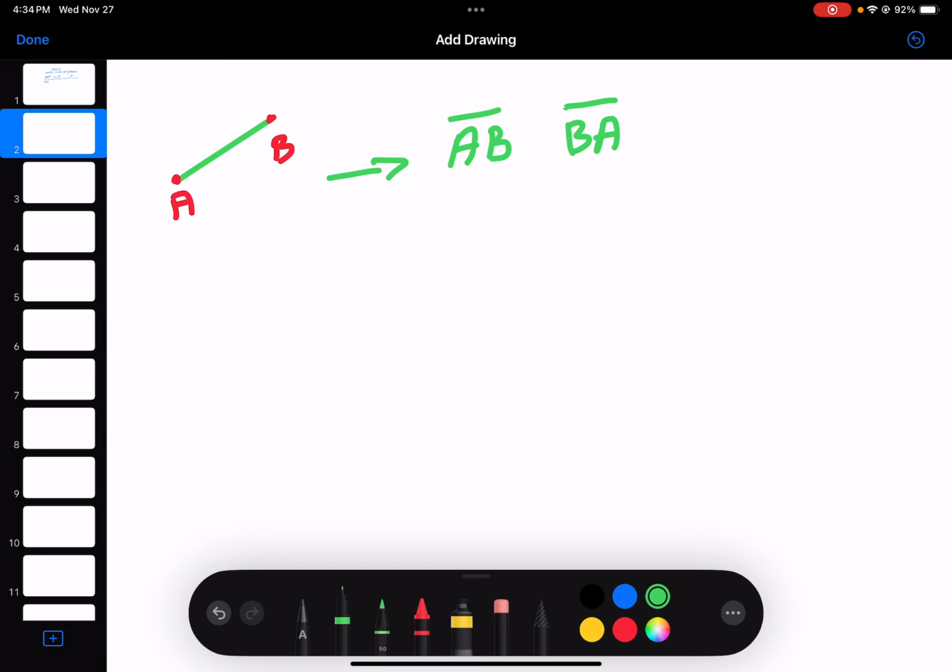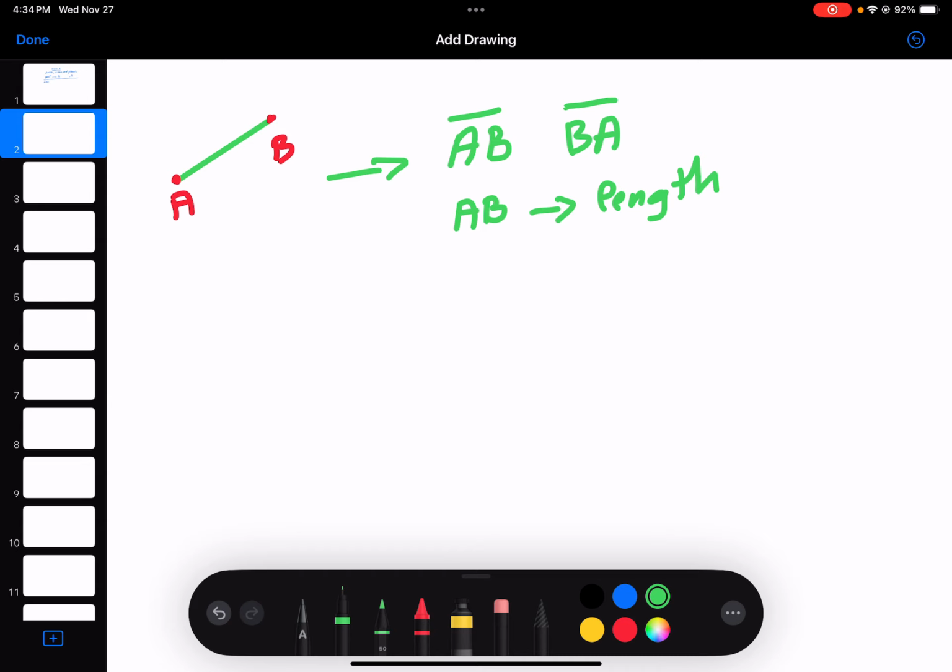The order does not matter. And one little difference between this notation, or let's say if I wrote simply AB without the bar on top, that will denote the length of the segment. Okay, so remember that.